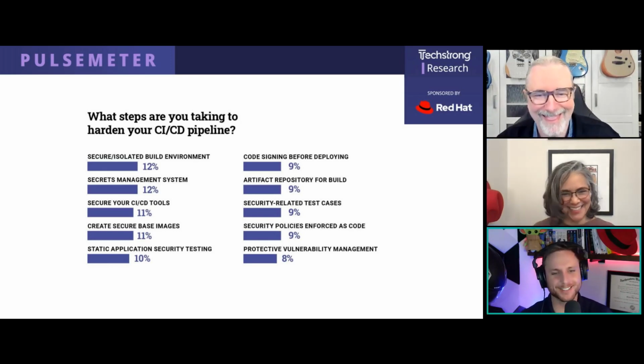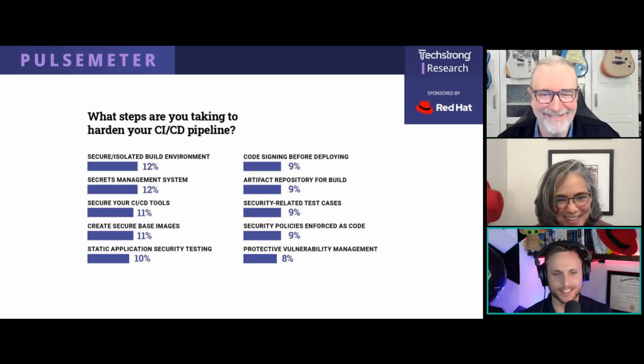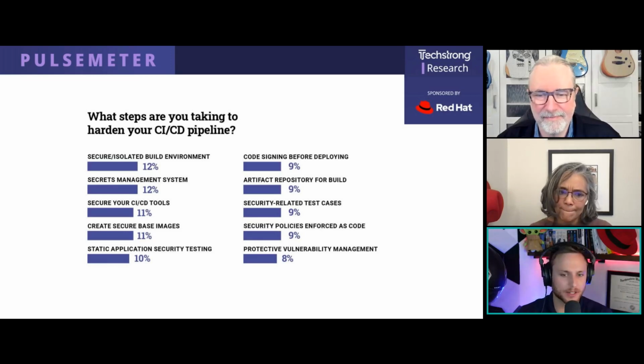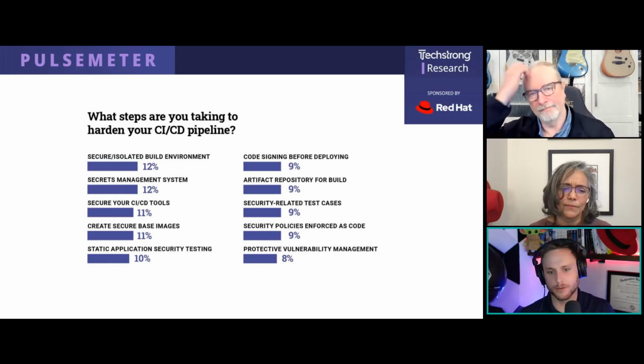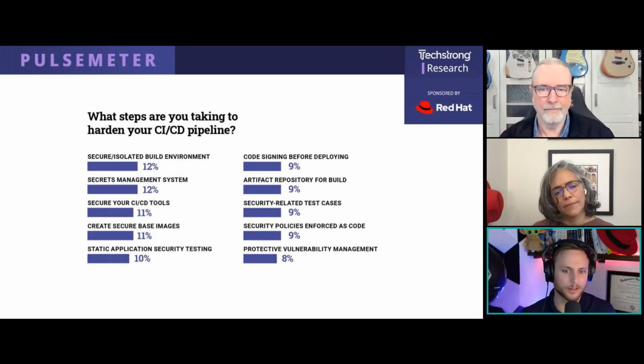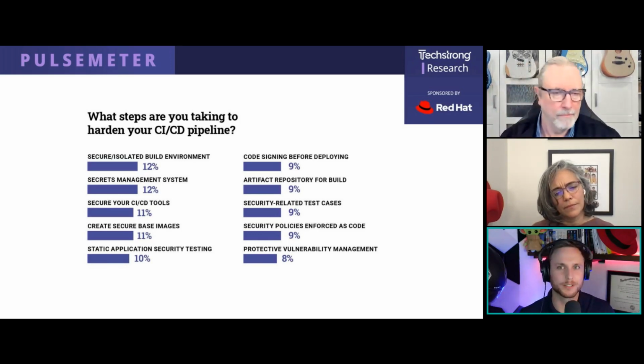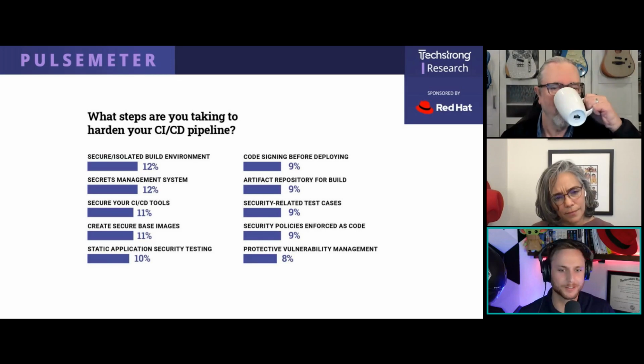No, it is good to see the range, and that the difference between 8 to 12 means a lot of people are at least considering it, and just maybe some things they don't necessarily need. Secure isolated build environment. I'm not shocked that's the highest because it kind of remedies a lot of the other issues we see. If you're using GitLab on-prem in a private network, not exposed, you can get away with a lot of more insecure configurations between your developers because it's just an internal tool.